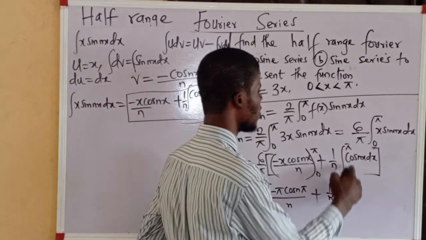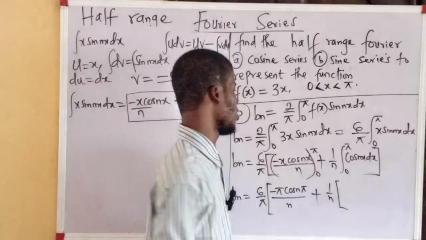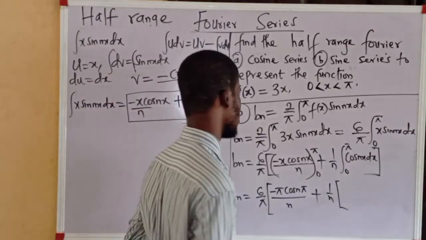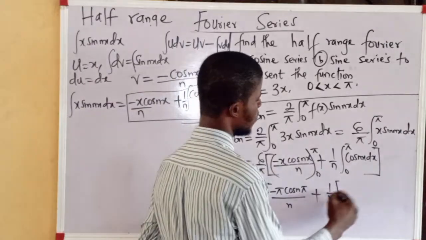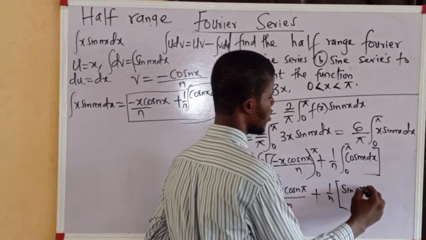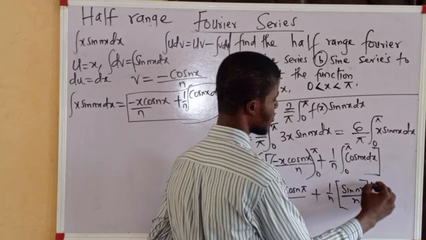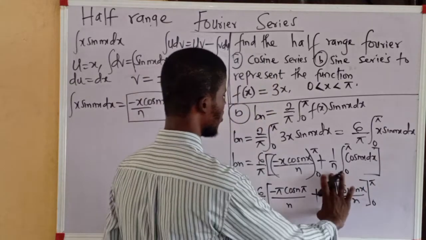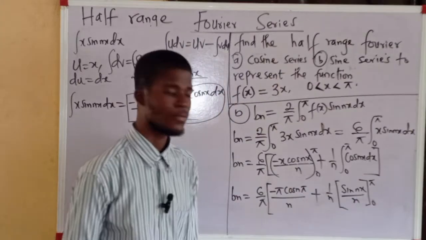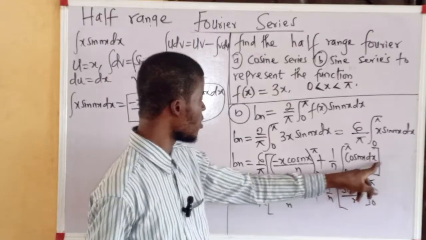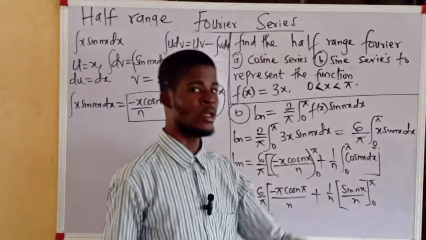What is the integral of cos nx dx? It gives us sine nx over n from 0 to pi, and this whole integral is equal to 0.